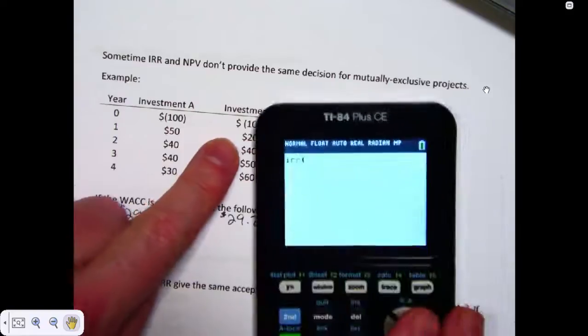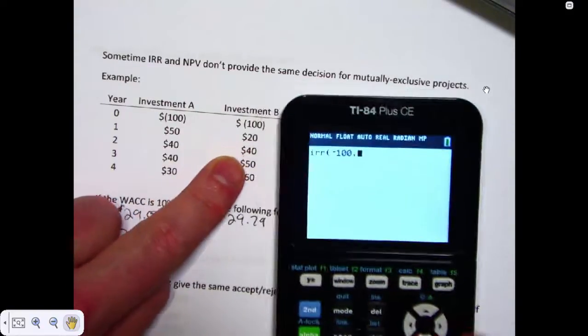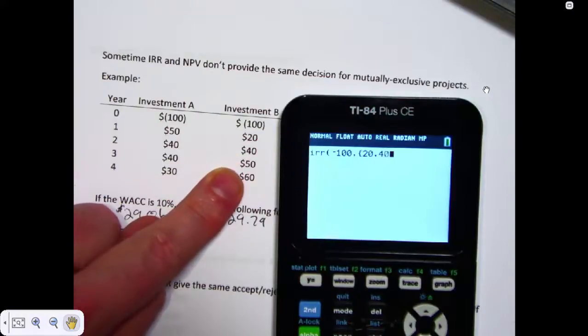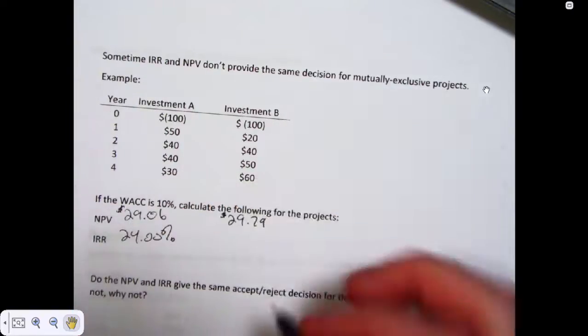I just start with my negative cash flow. Negative 100, comma, second, curly parentheses, 20, comma, 40, comma, 50, comma, 60, close curly parentheses, close regular parentheses, and I get 21.03.